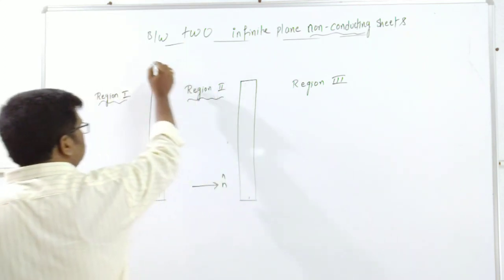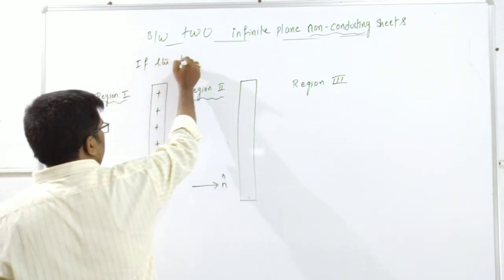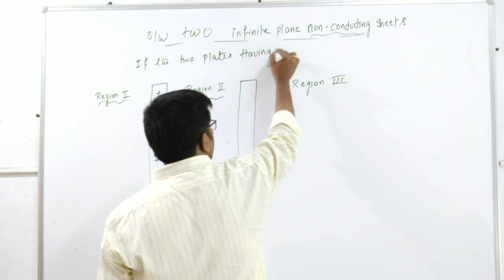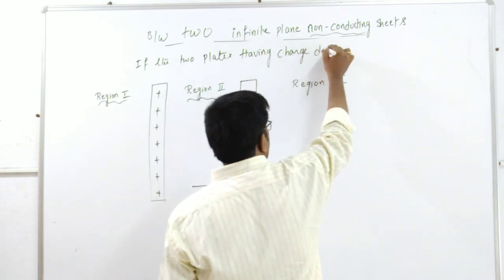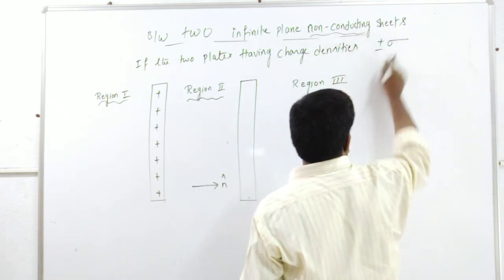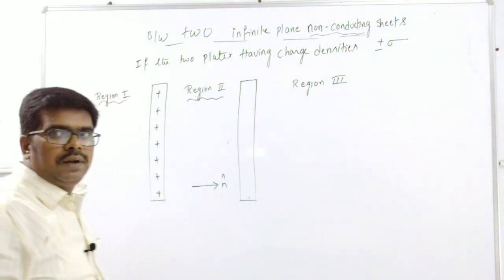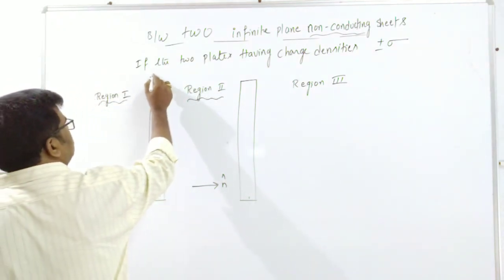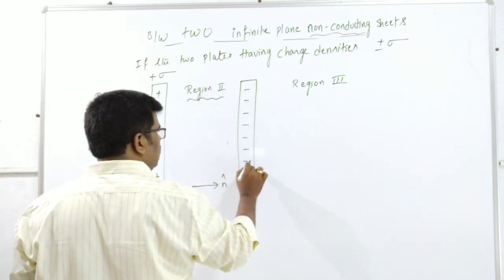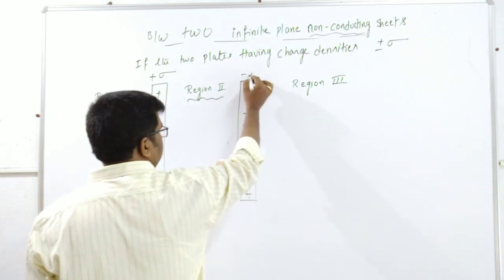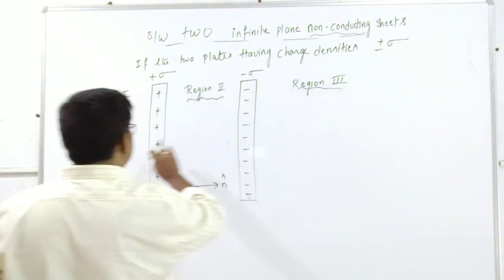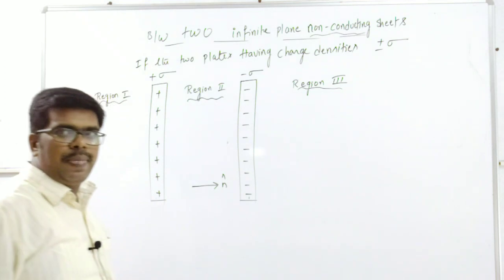Here I am going to take two plates having charge densities plus or minus sigma. So one is plus sigma, and the second plate is having negative charge. This is minus sigma. Then what are the electric field intensities in this region 1, 2 as well as 3?